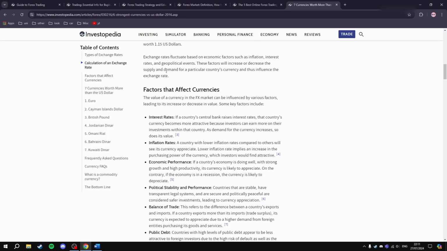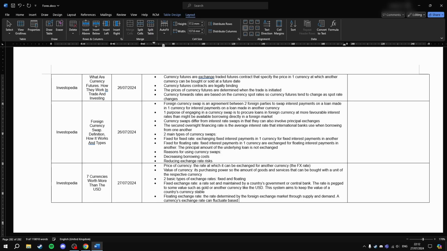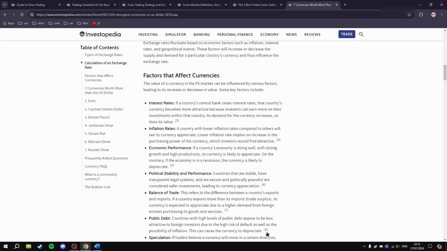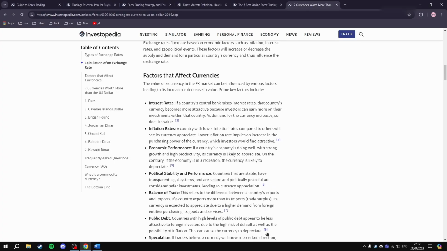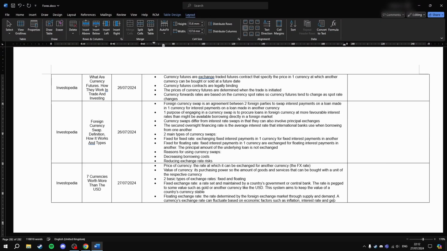Exchange rates fluctuate based on economic factors such as inflation, interest rates, and geopolitical events.